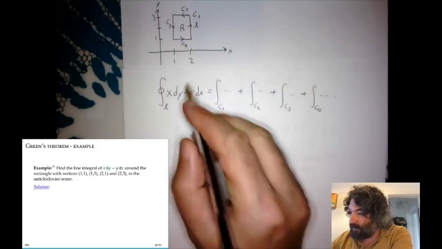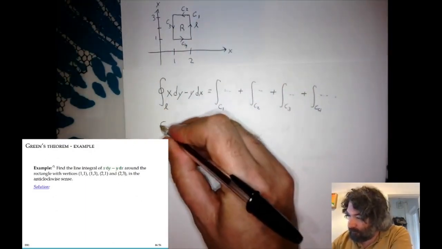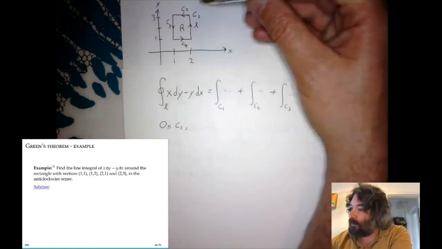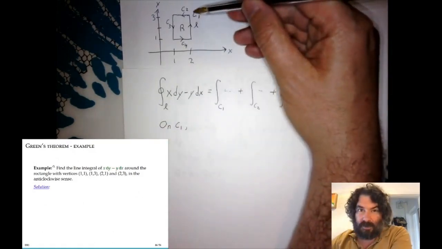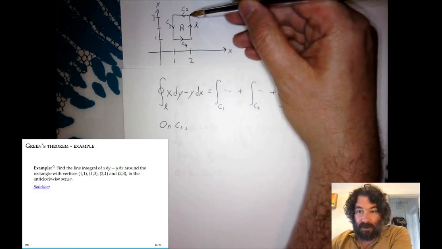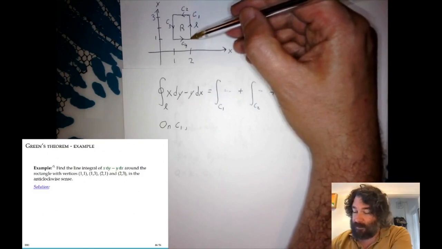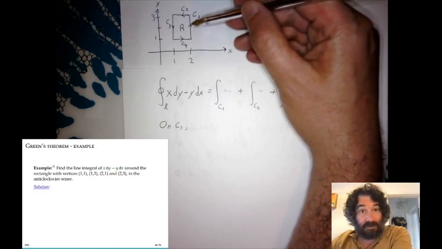And so first let's consider C1. C1 goes from here up to here, and we can parameterize using the y variable. You can't parameterize this using x, so let's parameterize using y.